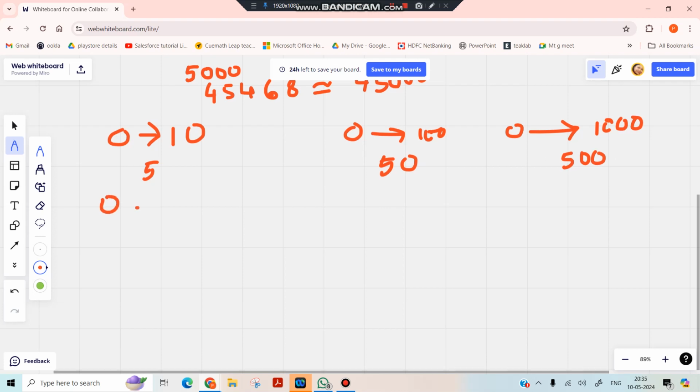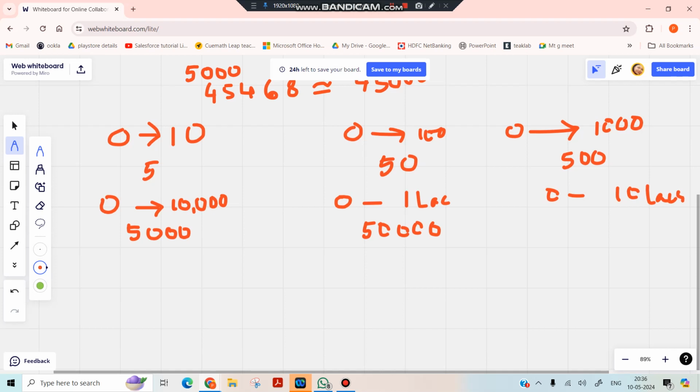From 0 to 10,000, the middle number is 5,000. From 0 to 1 lakh, the middle number is 50,000. From 0 to 10 lakhs, the middle number is 5 lakhs, and so on.